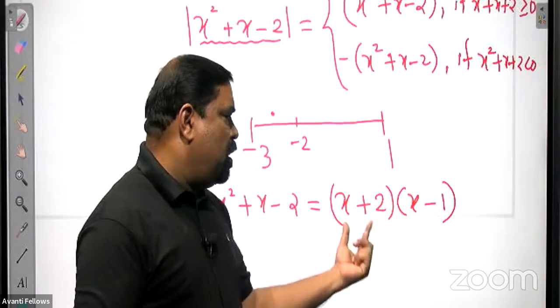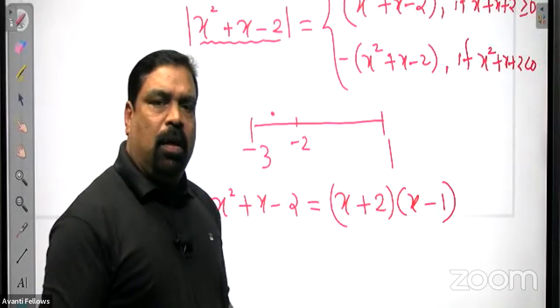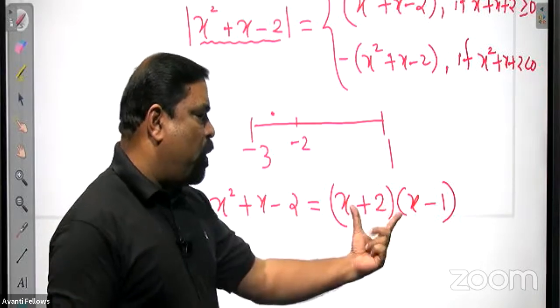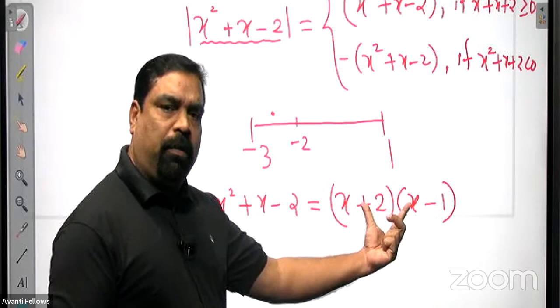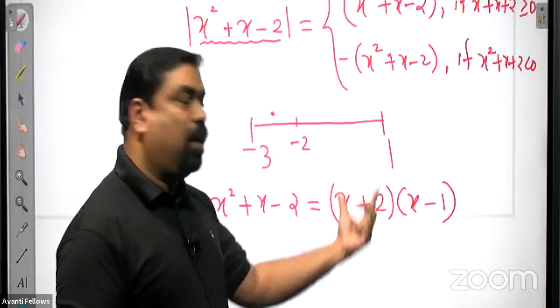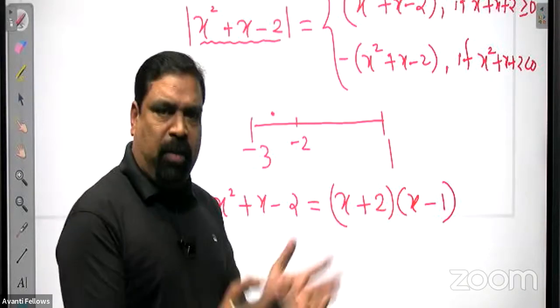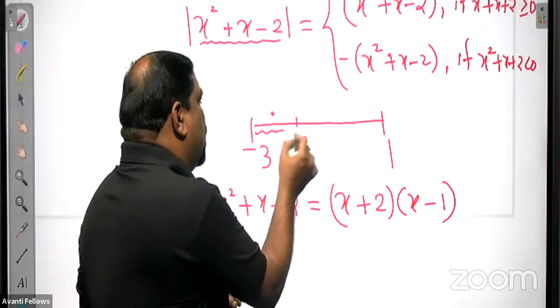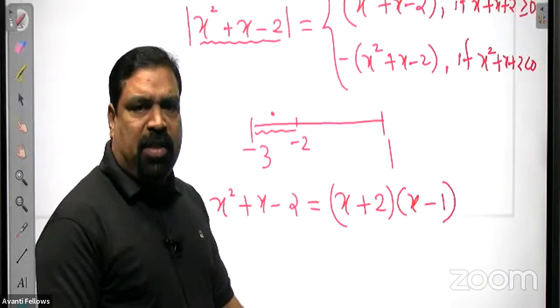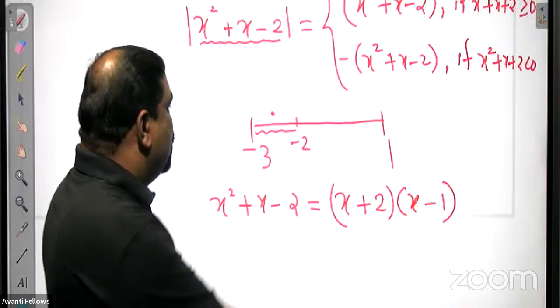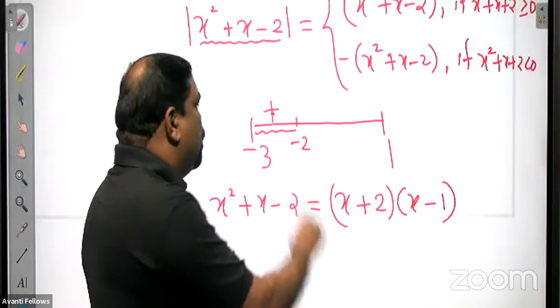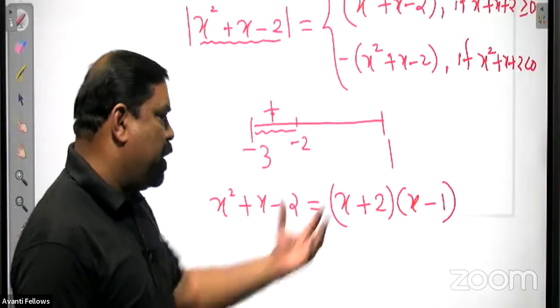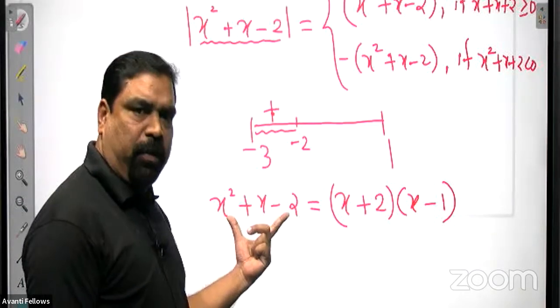So negative into negative means in that interval this product will be positive. You can take any value in between minus 3 and minus 2; everywhere the same nature will be there. So in that interval, the function value is positive.